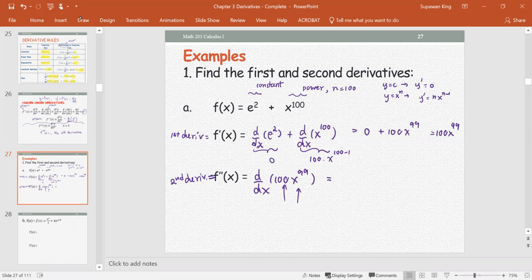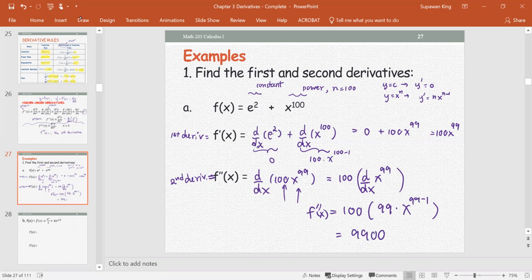So this is the same as 100 multiplied by the derivative of x to the power 99, as we use the constant multiple rule. Therefore, the second derivative of f with respect to x is 100 multiplied by 99 times x to the power 99 minus 1. And finally, we get 9900 times x to the power 98 as the second derivative of this function f.